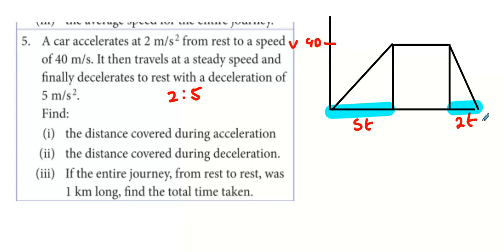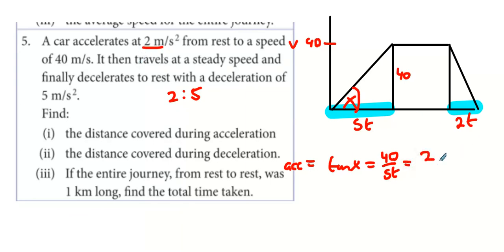Now, the trick we're going to use is, I'm going to find the time taken. This opposite is 40, isn't it? What does tan x represent? It represents the acceleration. Perfect. And tan x in this question will be 40 divided by t, and that equals what?